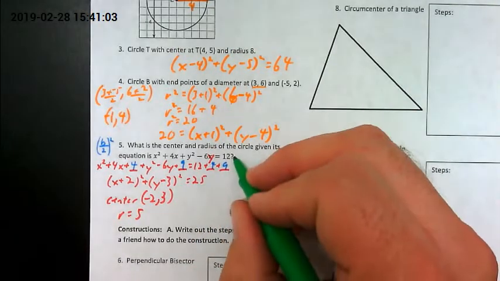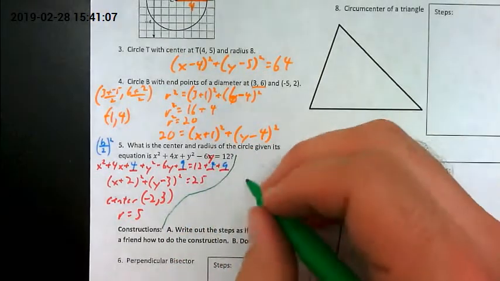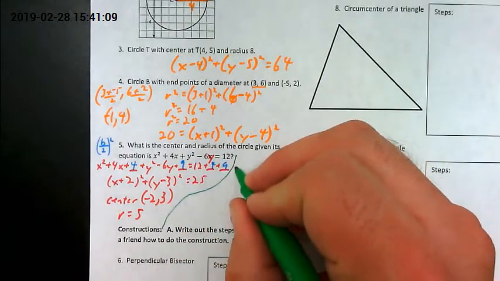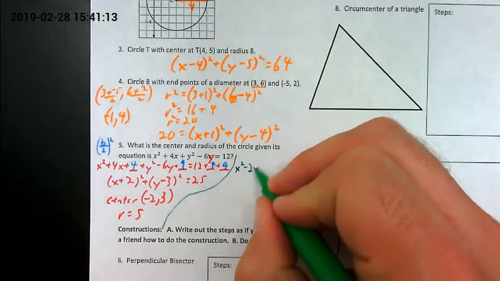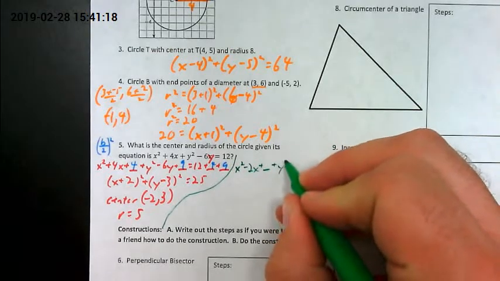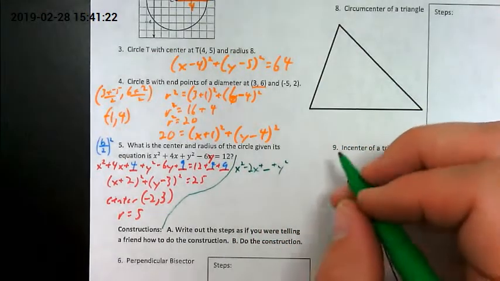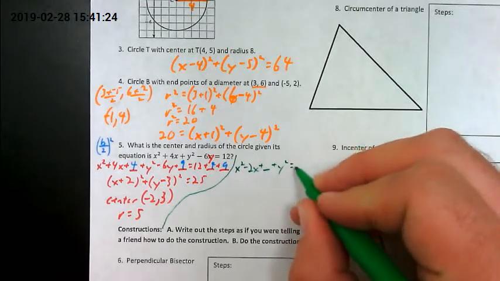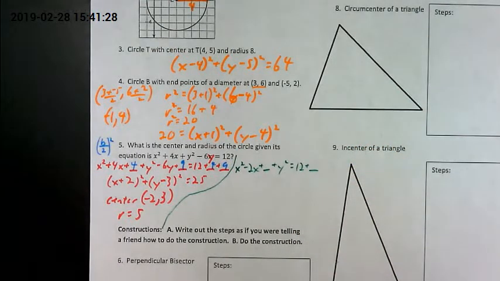So over here in green, I'm going to do the work as if we left it as is. So x squared minus 2x plus blank. Now you only have a y squared, so we don't have all the other stuff that goes with y, because that's going to be fine for the final format of our equation. Equals 12 plus the other blank that we had. What would we add on?